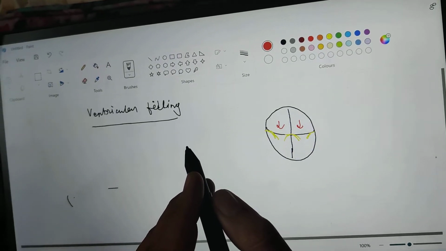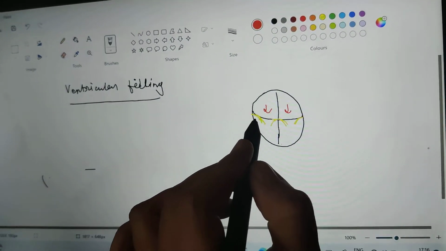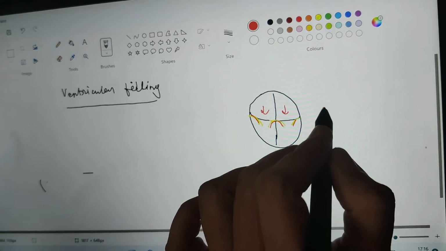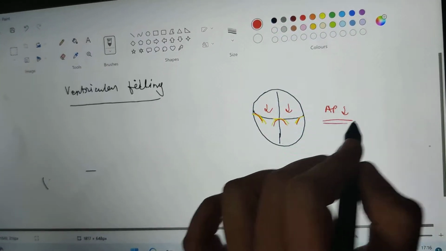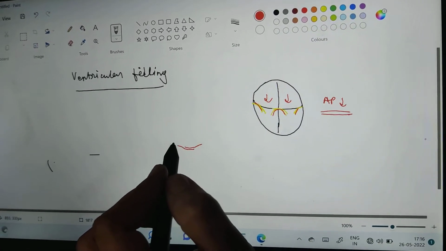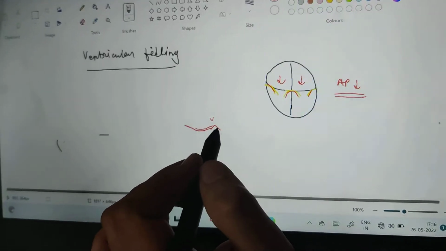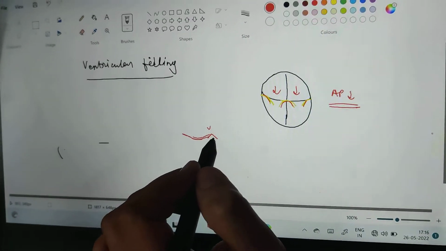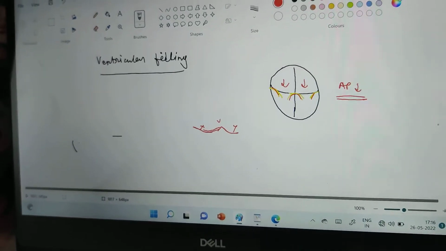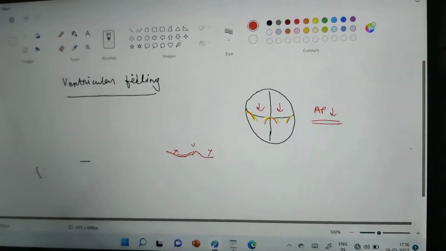The Y descent of the GVP waveform will form from this decrease in the atrial pressure. It will cause the Y descent, as we have seen earlier. This is the X descent, the V waveform, and after that the Y descent. It will be seen here in the ventricular filling.